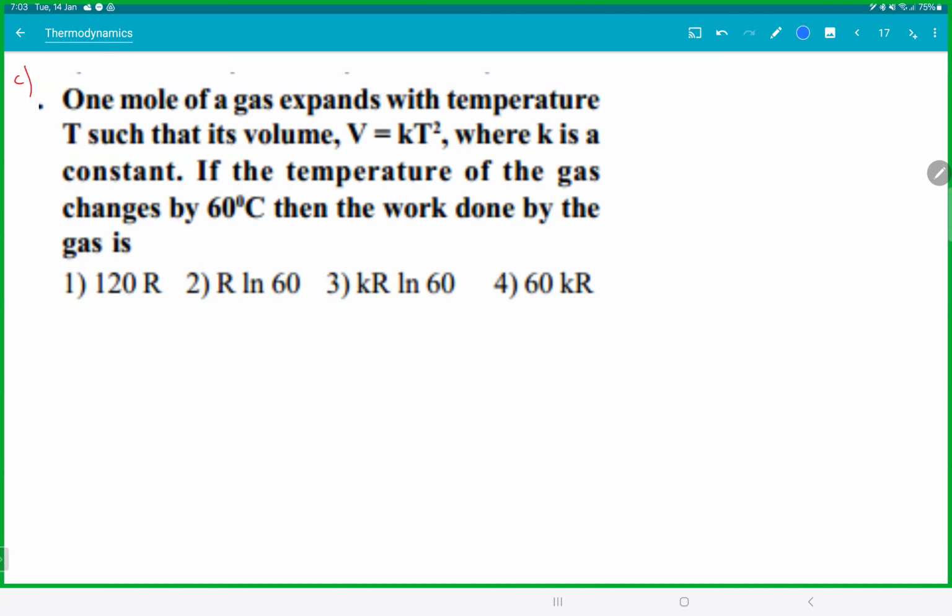Temperature of the gas changes by 60 degrees and the work done is... So this is how they can mix it and twist it. How do you go ahead with this?